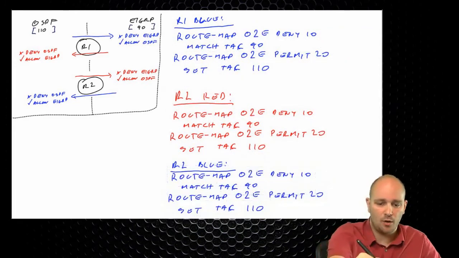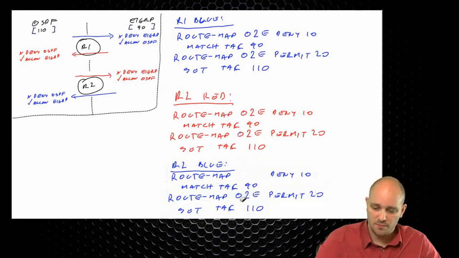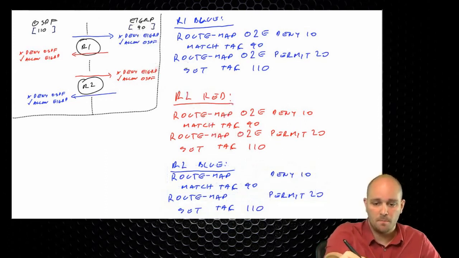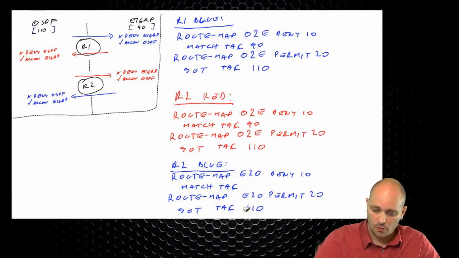And this is going to be now EIGRP to OSPF, so this changes. So this is going to be EIGRP to OSPF, EIGRP to OSPF, and again, these two swap sides. So this is going to be 110, and this is going to be 90.